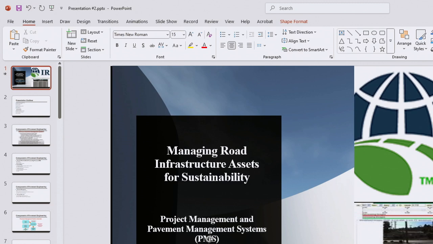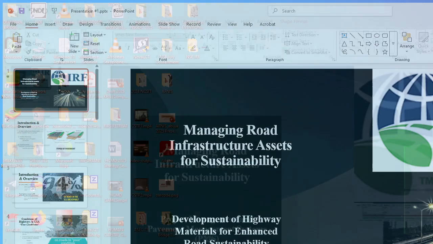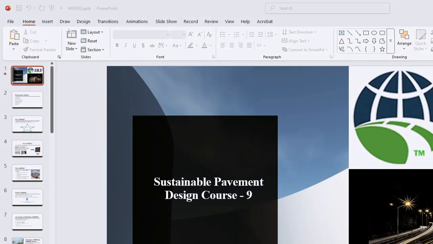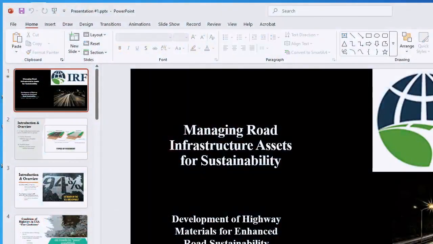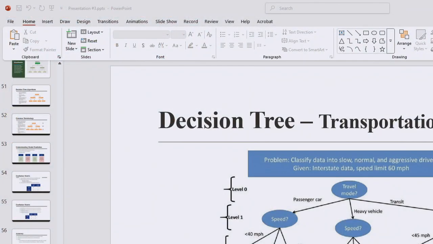Or let me still continue. Yes. Not this one. Pavement, mechanistic and empirical pavement design. Mechanistic and empirical pavement design. That is the slide.